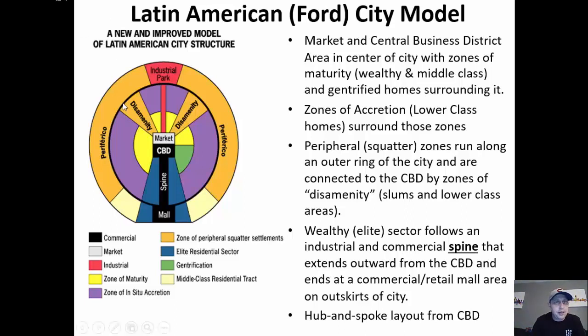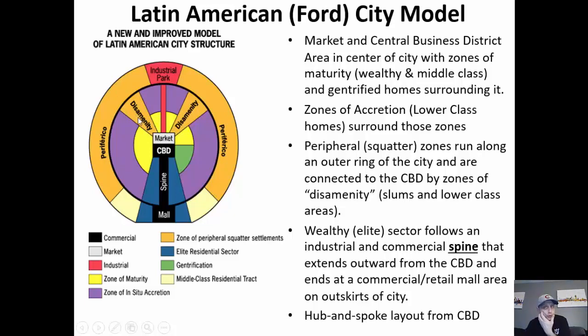Now, what's interesting is the periferico, the slums, the squatter settlements, they have what are called zones of disamenity. They almost look like fangs, if you ask me. And they connect to the market zone in the center of the city. So there will always be these slum corridors, these periferico squatter settlement corridors, that allow folks living in the periphery to still access the center market.